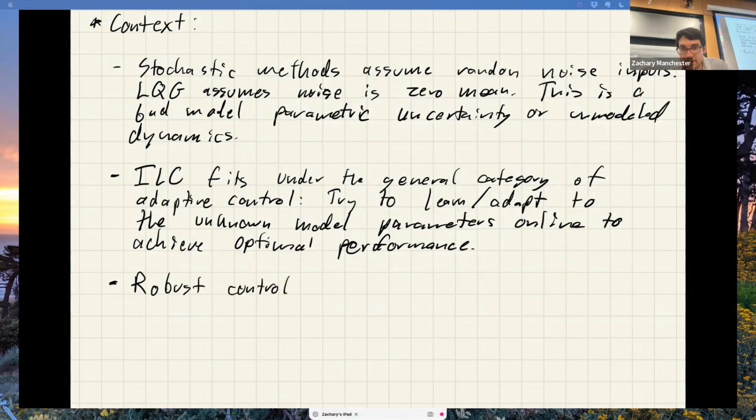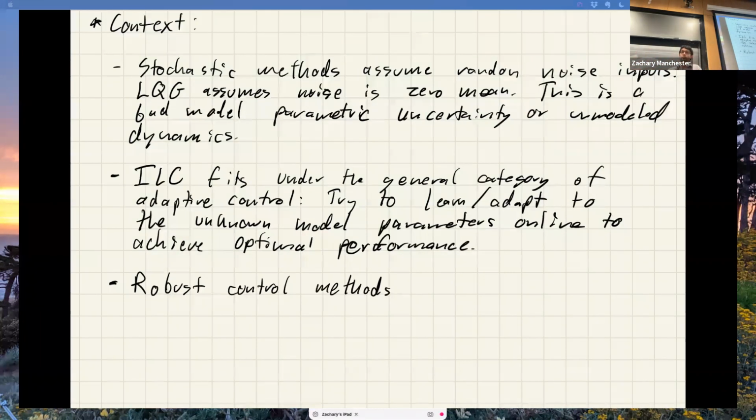At the end of the day, there's a trade-off here, right? In exchange for that robustness, you're almost by necessity giving up some performance. With an adaptive controller, you're going all in on performance. You're trying to estimate things online so that ultimately you can achieve low cost, high performance.